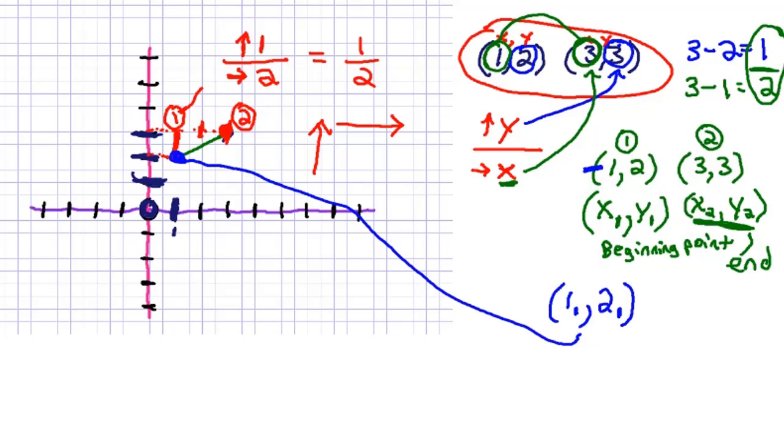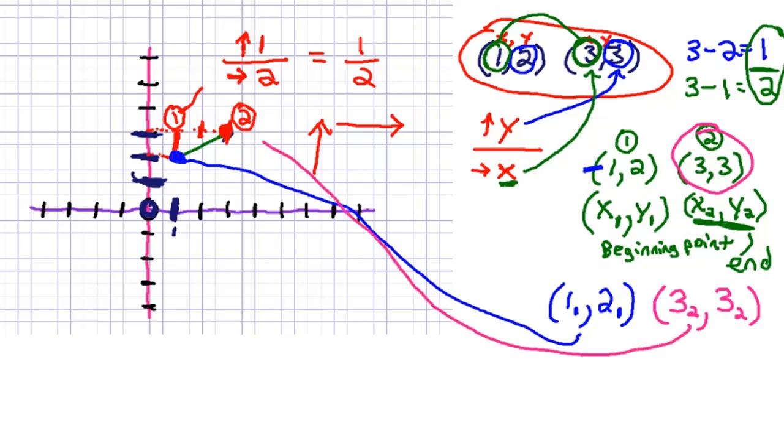And then the second point in the line, the 3, 3, you can write 3 with a little 2 after it, comma, 3 with a little 2 after it, because that's the second point in the line.